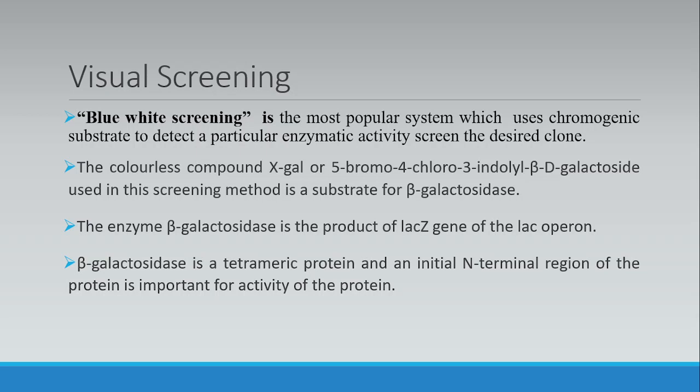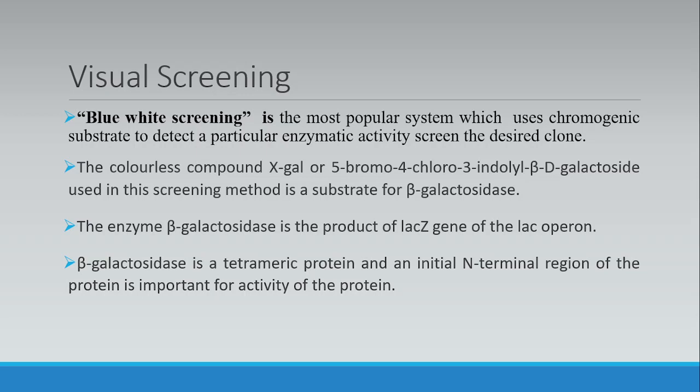This method utilizes a chromogenic substrate, right? Here the chromogenic substrate is X-gal, which is 5-bromo-4-chloro-3-indolyl-beta-D-galactoside. This substrate is broken down by the beta galactosidase. So we are relying on the activity of the functional beta galactosidase enzyme.